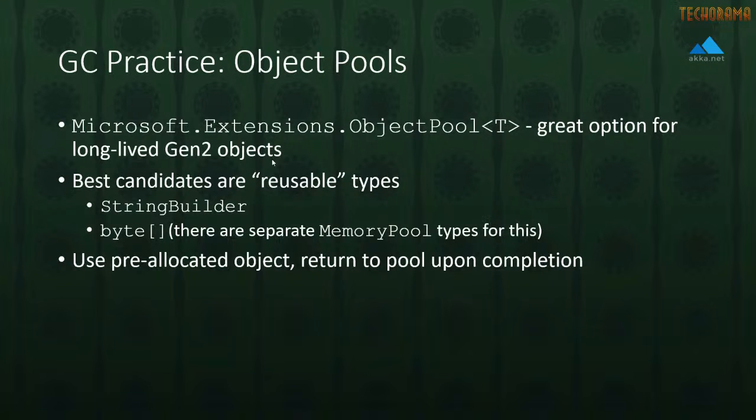Now, the idea behind this is that rather than constantly using the new keyword to create new byte arrays or new string builders, we essentially have a fixed size pool that is usually initialized statically, meaning that once the process starts, we go ahead and allocate a fixed size, let's say, pool of 1024 string builders, or maybe we create a memory pool of 16 megabytes worth of buffer space. And we make that available for use inside our serialization layer or maybe our disk I/O layer.